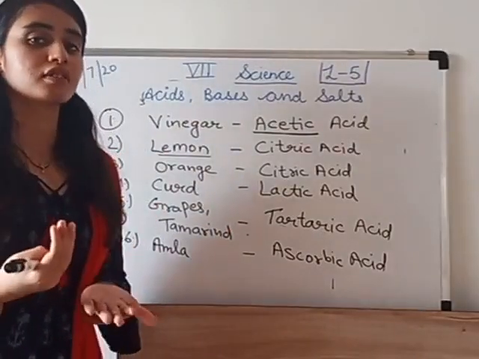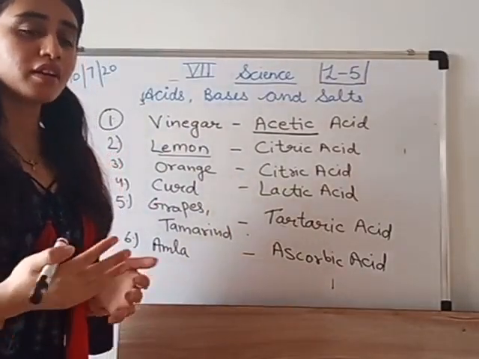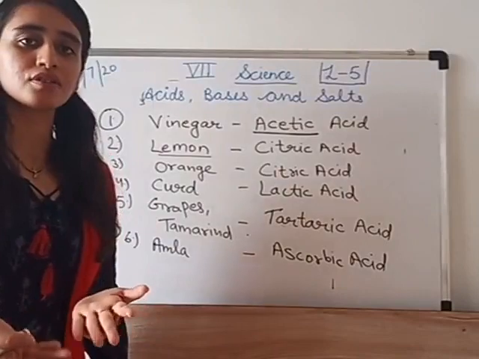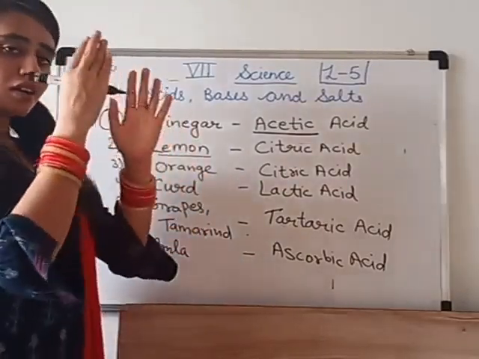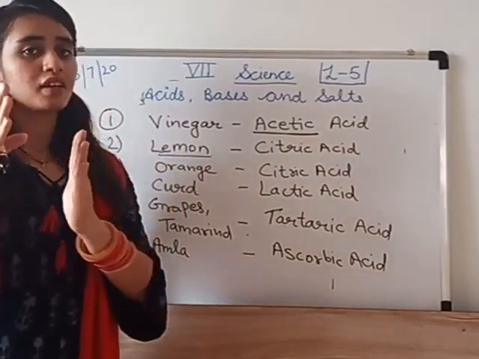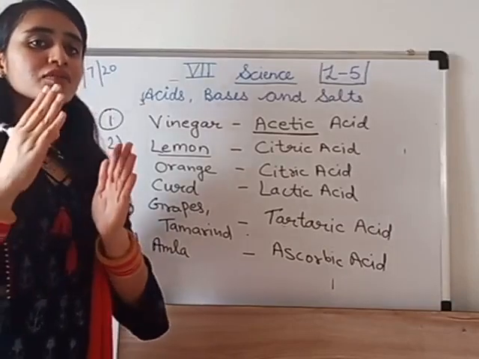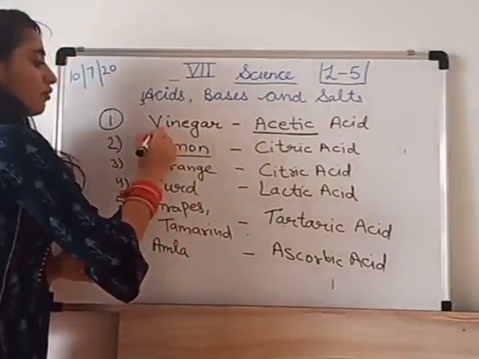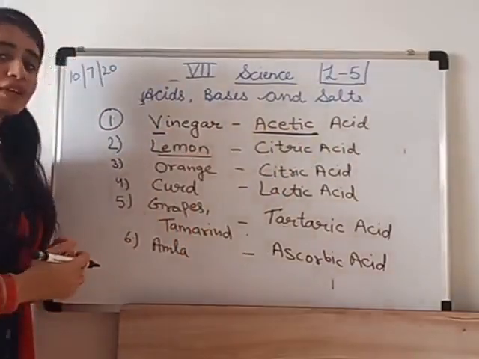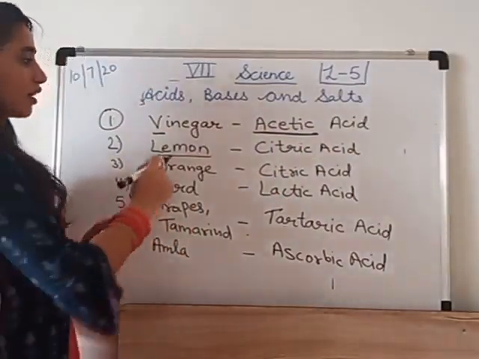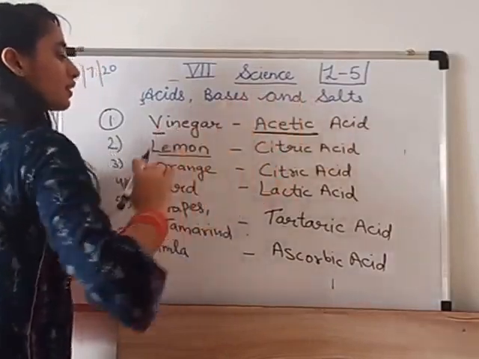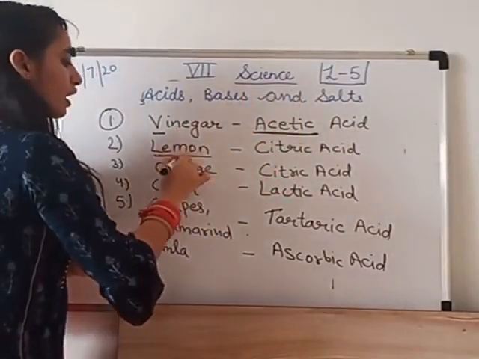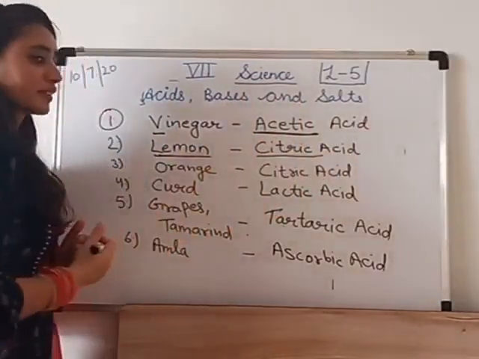which we eat daily. Okay, and there are also so many examples you can take and make a list and divide it by the type of acid, meaning which type this substance relates to. Okay, in vinegar, which type of acid is present? Acetic acid. In lemon, citric acid.